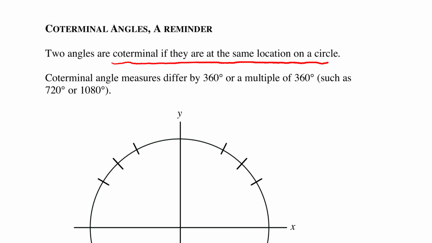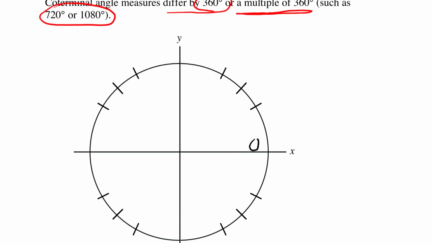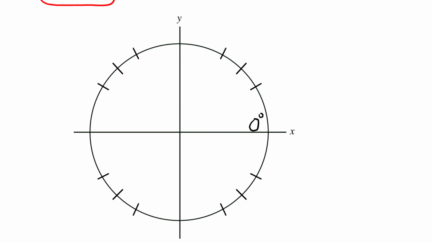Okay, so let me talk to you about co-terminal angles. They're in the same location on a circle, and they differ by either 360 or a multiple of 360. So considering starting at 0 degrees and going around 1 full revolution, now we're at 360 degrees.